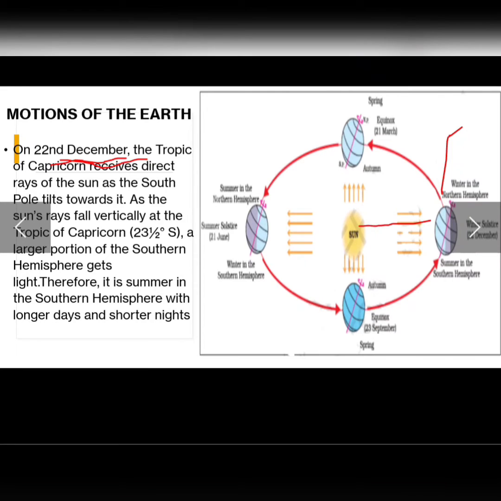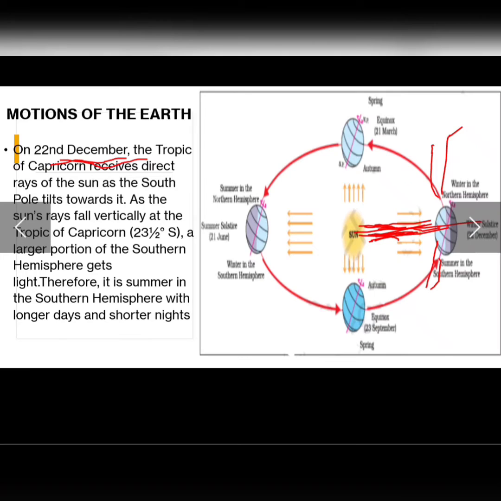These are the rays of the sun, and they are falling directly towards the Tropic of Capricorn, which is there at the south, and the south pole is tilted. The rays fall vertically. We are seeing this, the rays are falling vertically.